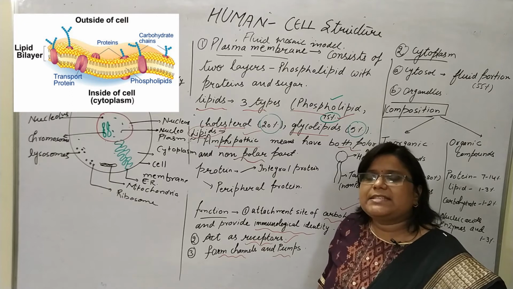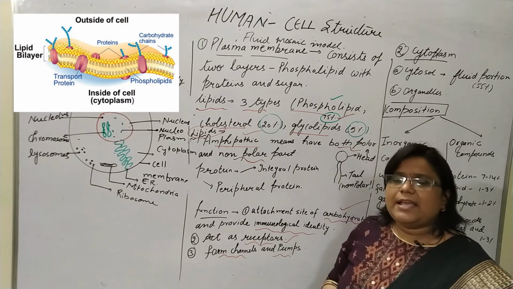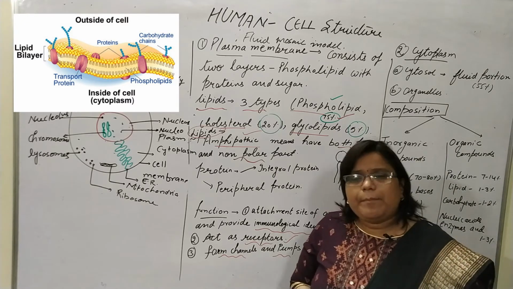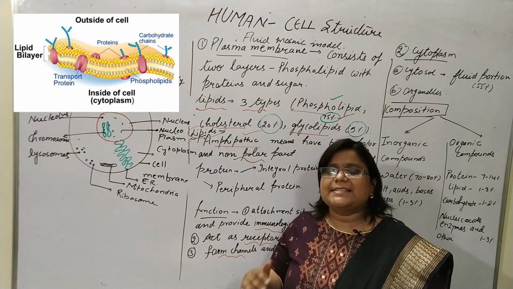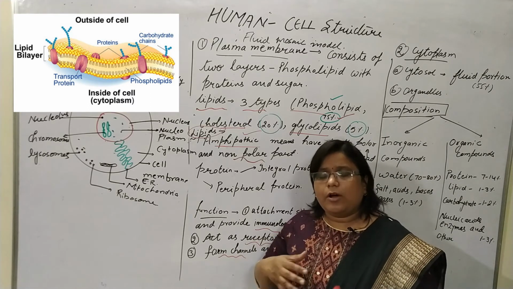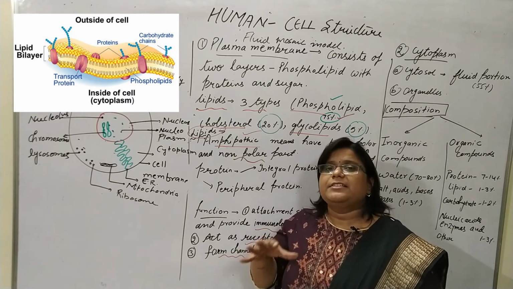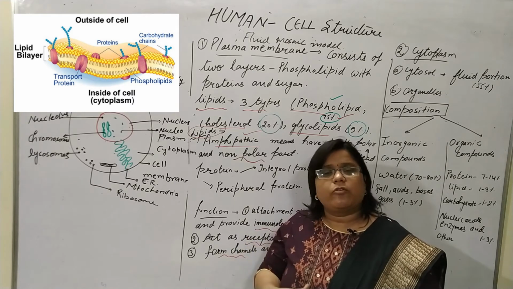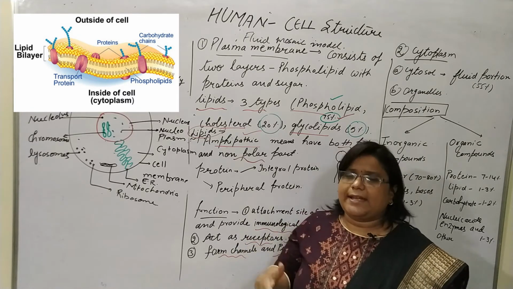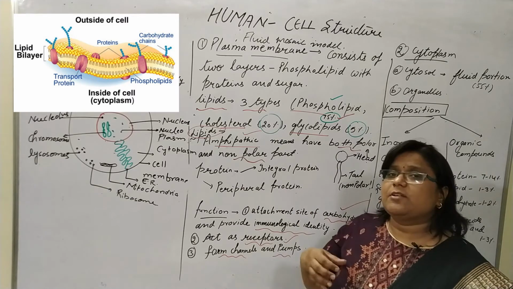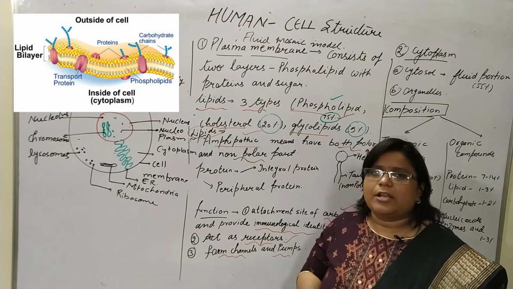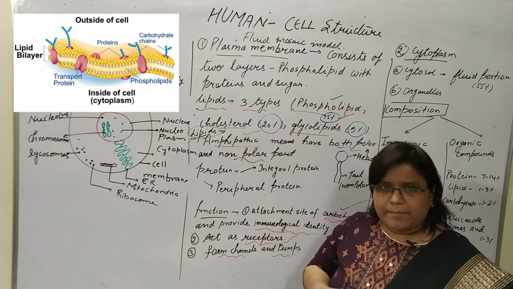That is why we can say the plasma membrane is like lipid molecules present as a sea, and on the sea level different types of icebergs of proteins are present. That is why the fluid mosaic model is the well accepted model of the plasma membrane.